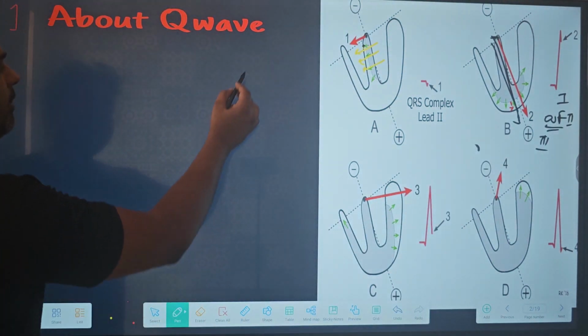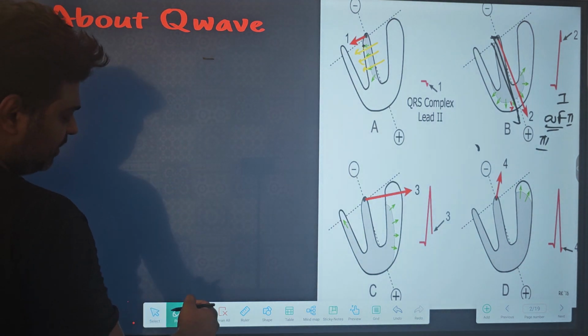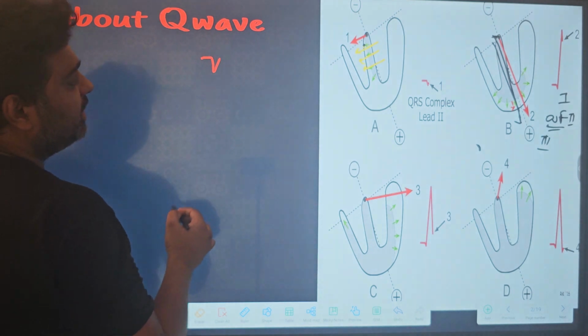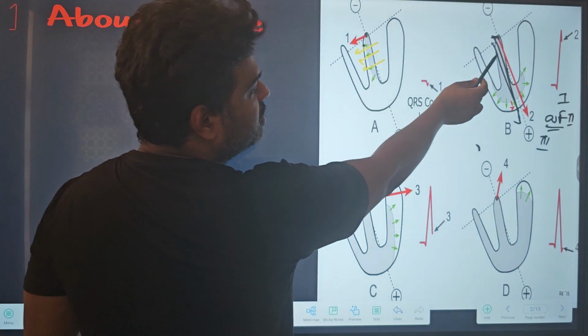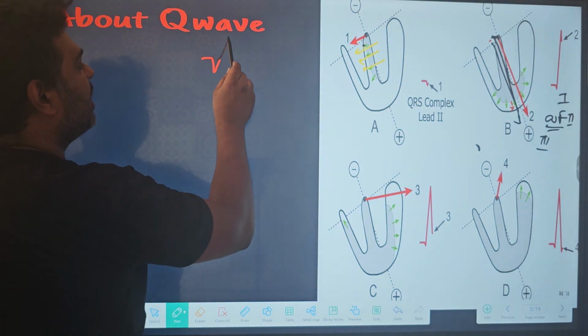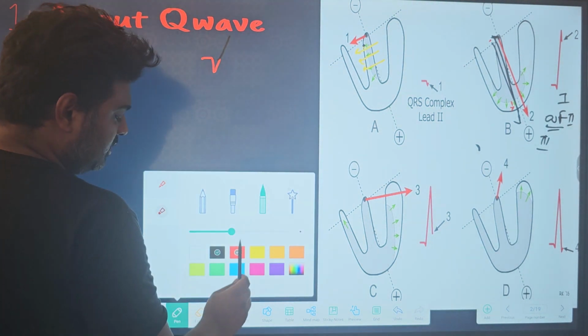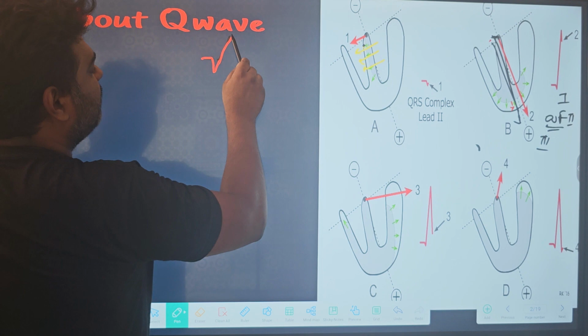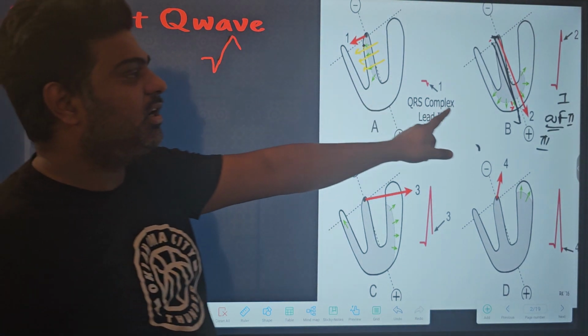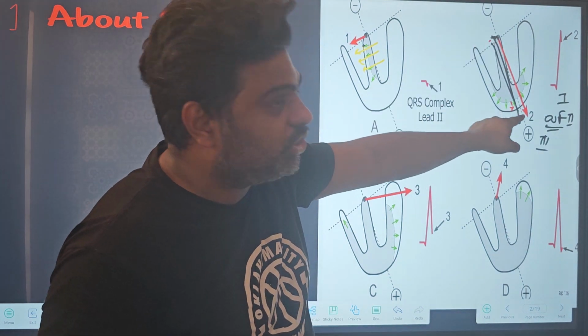So due to septal depolarization, there was a negative Q wave. Then because of the depolarization of the septum from base to the apex, a positive R wave is generated. Okay, so the cause of R wave is the septal depolarization from base to the apex.